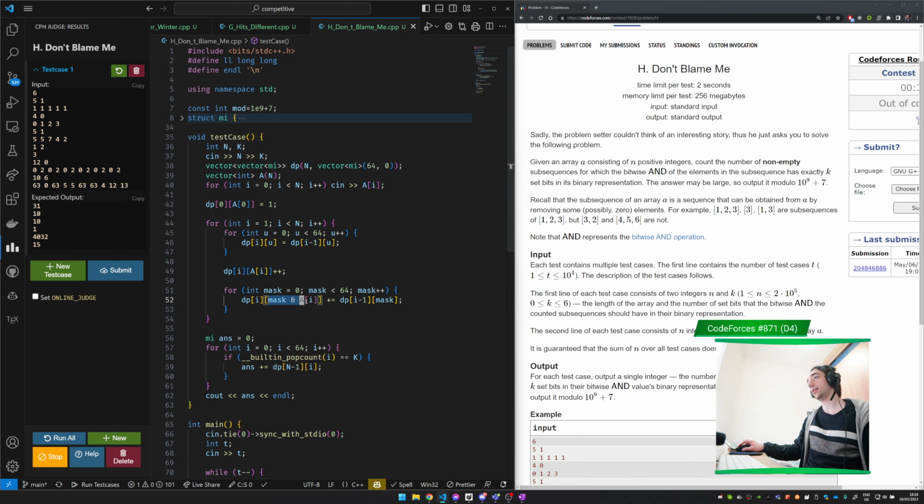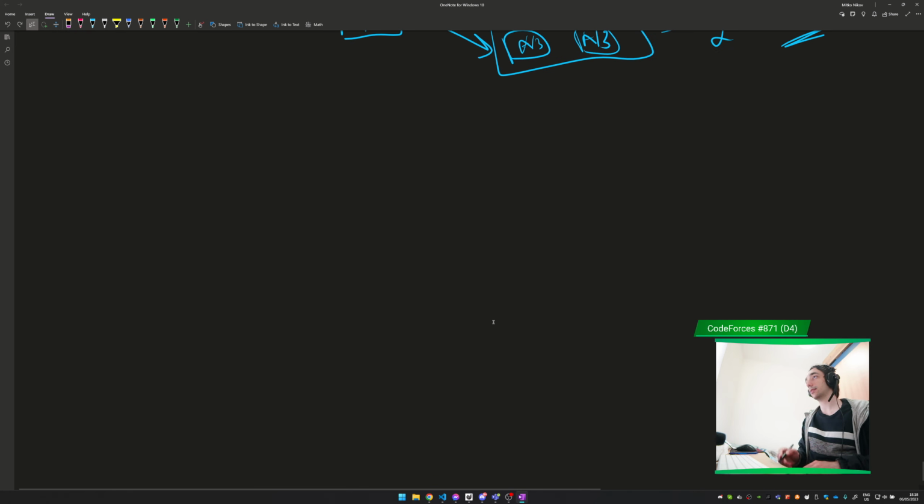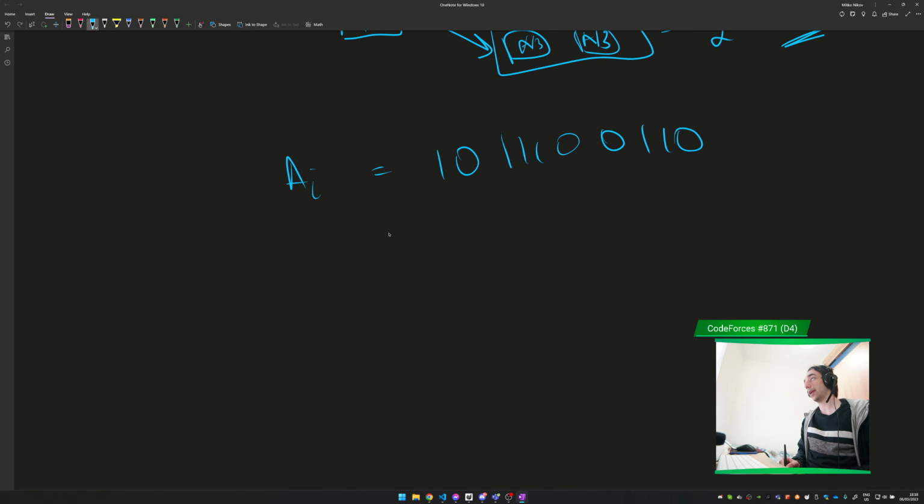Imagine I have A_i equal to some number, and I iterate over all possible numbers from the previous position.